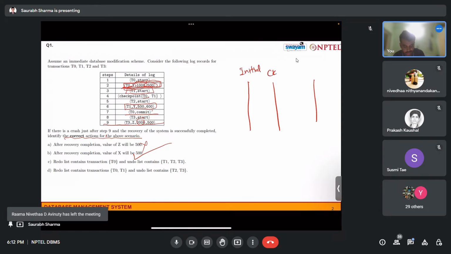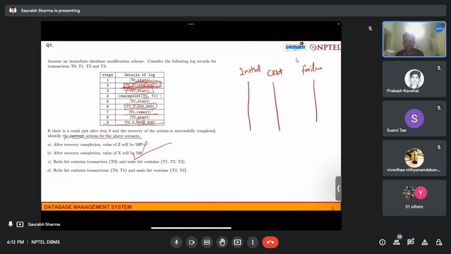It is a checkpoint, and this is the failure state. So what happened? After 9 there was a crash. Till then we have to see where the transactions got started and where they finished. So if we see this, T0 got started and checkpointed at this checkpoint.